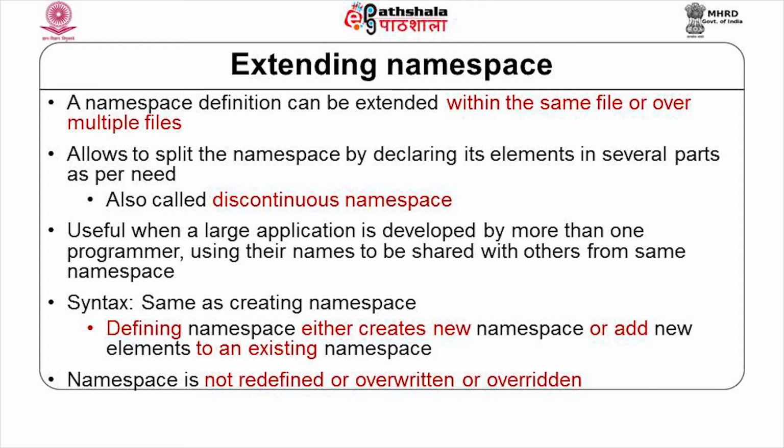To create the alias name, the syntax is the keyword namespace, then the alias name, or the new name which we want to give, equal sign, and the existing name. For example, in the previous example namespace outer and namespace inner1 was nested within it. So, whenever we want to refer to an element from namespace inner1, we will have to say namespace outer::inner1::num1.